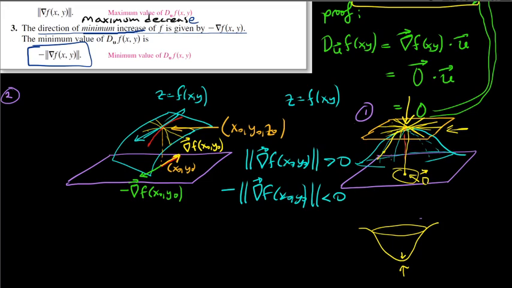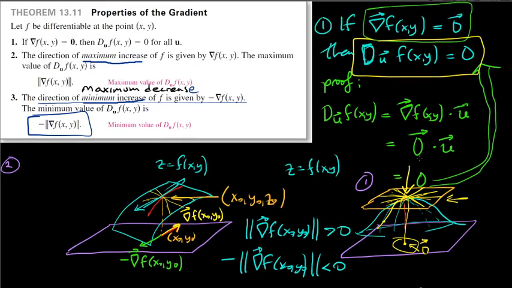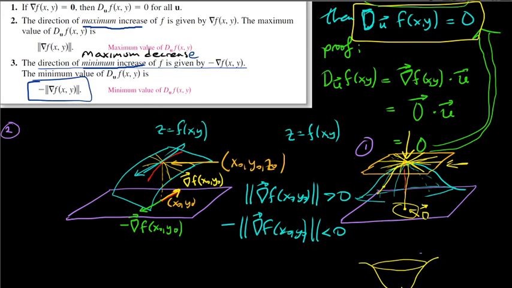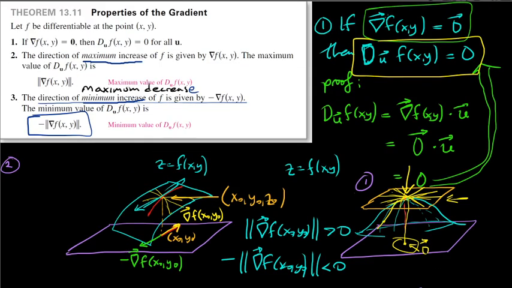Kind of like we did in Calc 1, except now it's a little more complicated because it's a function of 2 variables instead of 1, but it's a similar idea. Instead of setting the derivative equal to 0, you set the gradient equal to 0 to find your critical points, not just critical numbers now. Okay, so that's coming up shortly.